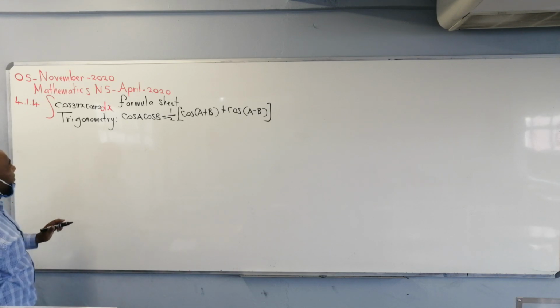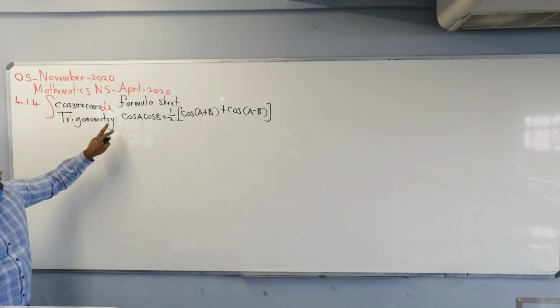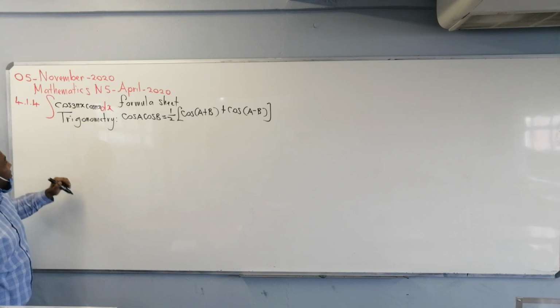Okay, so you've got angle, this is A, that's B, they are completely different. We apply the formula. So in this case, my A here is 3πx and B is πx.